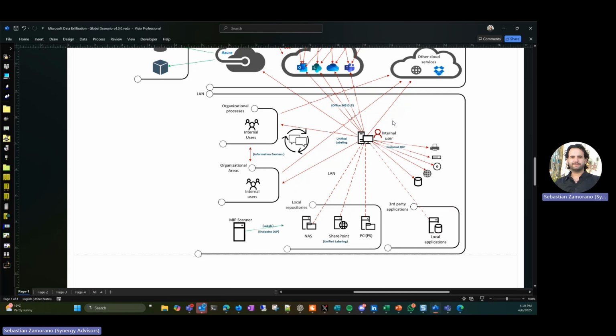Because it's easy to find an average of 600 information assets or more, and translating those information assets to sensitive information types is around a quarter of that. That means 150 different sensitive information types, complex sensitive information types.